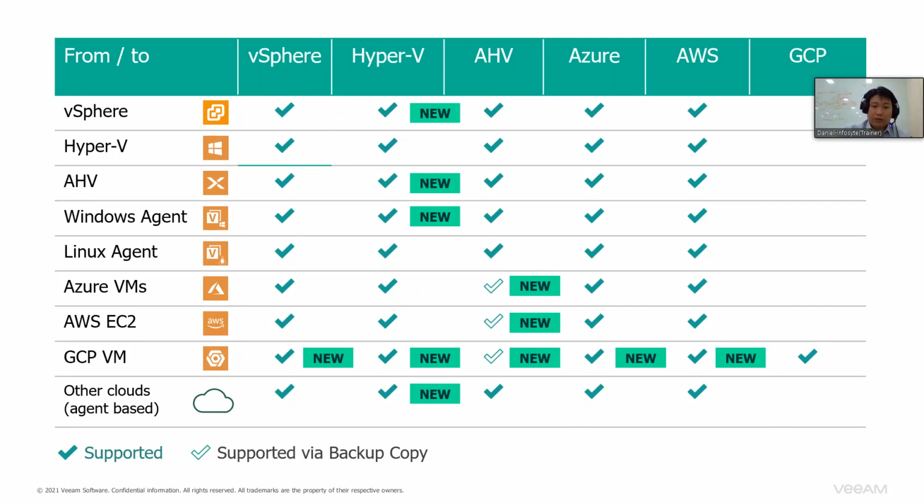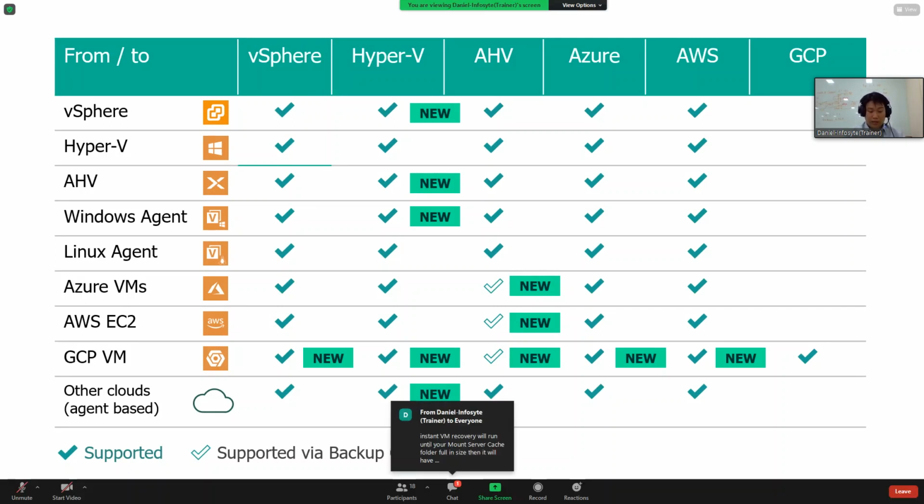Okay, so over here, if you trigger instant VM recovery, it will run until your mount server cache folder is full in size, then it will have issues. Generally there is no limit to how long it runs, but it is not recommended to keep it running and not migrate everything back to production.